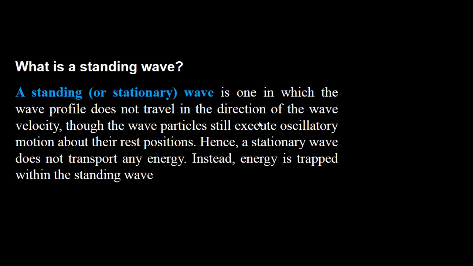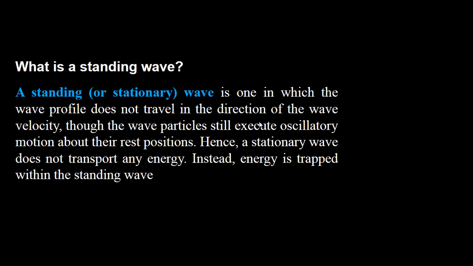So maybe I'd like to encourage you, can you turn to your lecture notes? What page is that? Page 4, right? The first box is how is a standing wave formed? The second box answers the question, what is a standing wave? So if you are asked what is a standing wave, it is one whereby the wave profile does not travel in the direction of the wave.